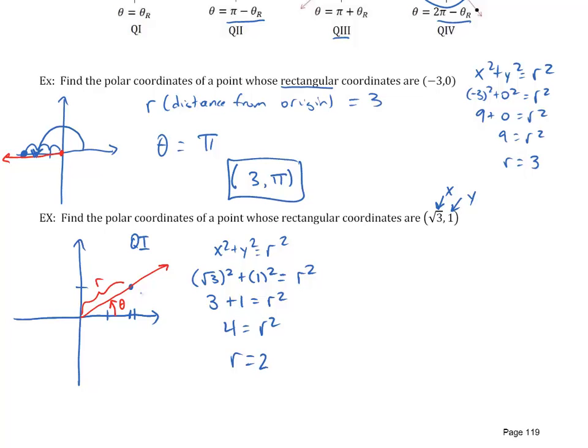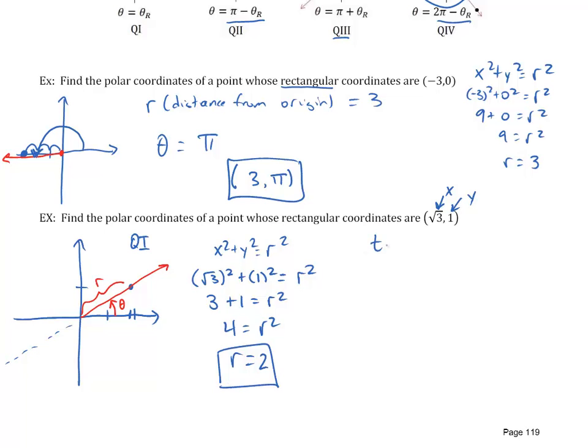But since we're finding this theta here and not the theta in the opposite direction, r is positive because we're moving along that direction. So we let r be the positive value we get when we take the square root of 4. Okay, what about theta?